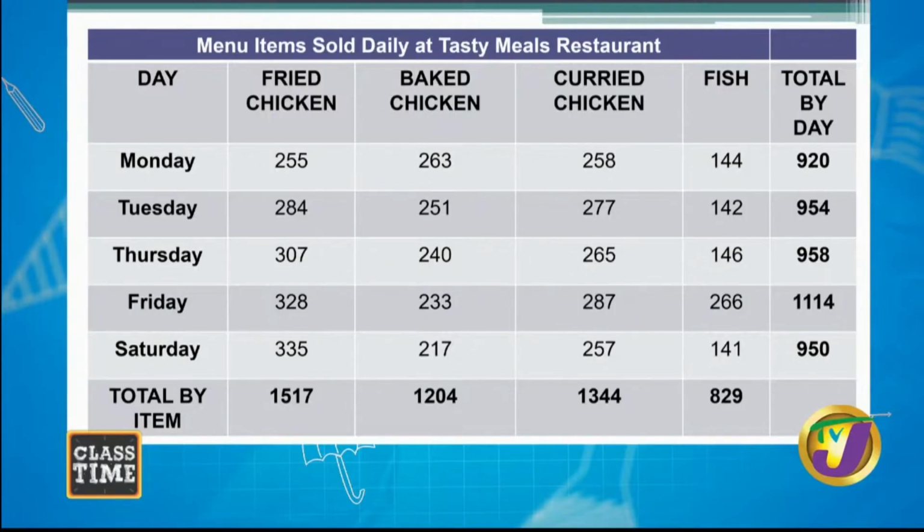Which figures in the daily total stand out? Then we go to the total at the bottom for each item. Which items do you believe are performing well? Which item is in the lead? Which item is lagging behind? We have all that information. All right, let's go.